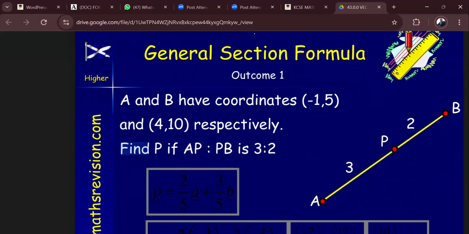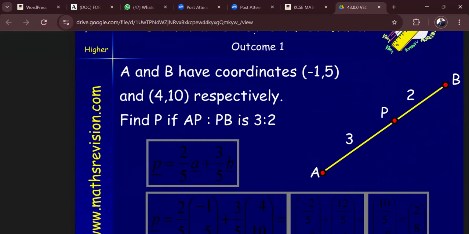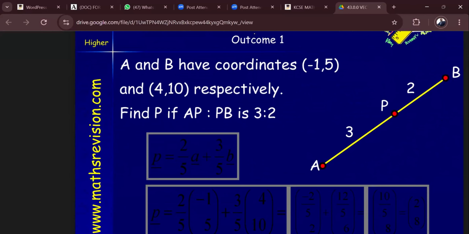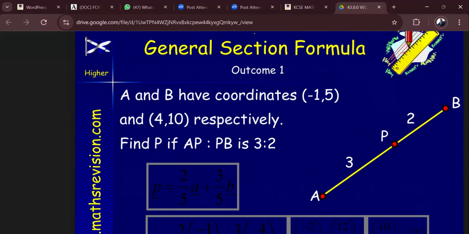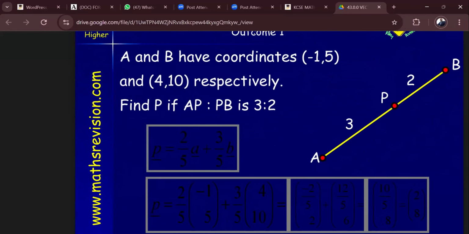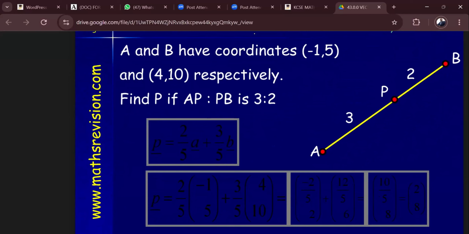So P should be 2 over 5 going to A, and 3 over 5 going to B, in that order. Now, somebody was asking, is A the position vector? Is B the position vector? The coordinates given there are the position vectors. So, we said it's 2 over 5 A.